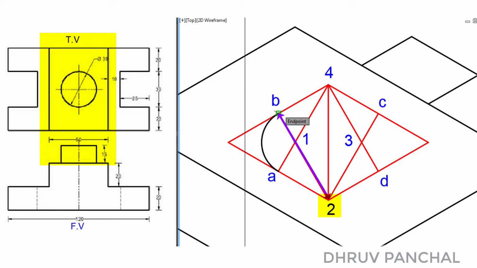Take distance B2 as a radius and point 2 as a center, draw an arc. Take distance C3 as a radius and point 3 as a center, draw an arc. Take distance D4 as a radius and point 4 as a center, draw an arc.